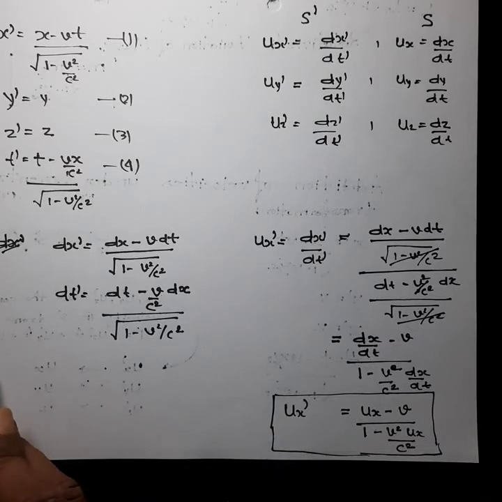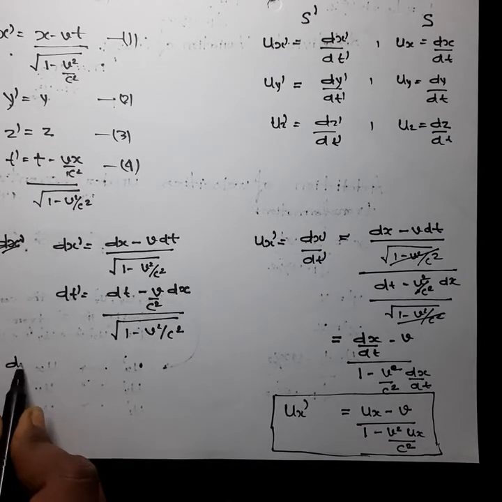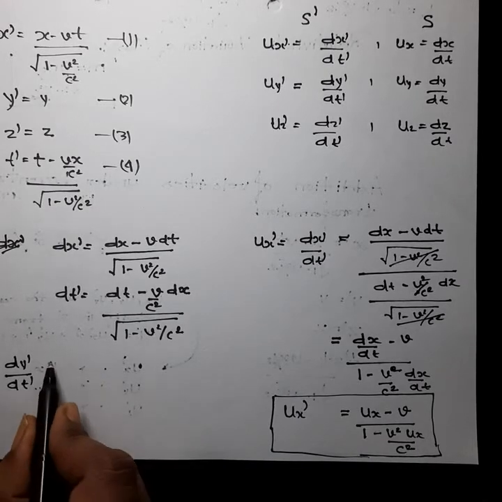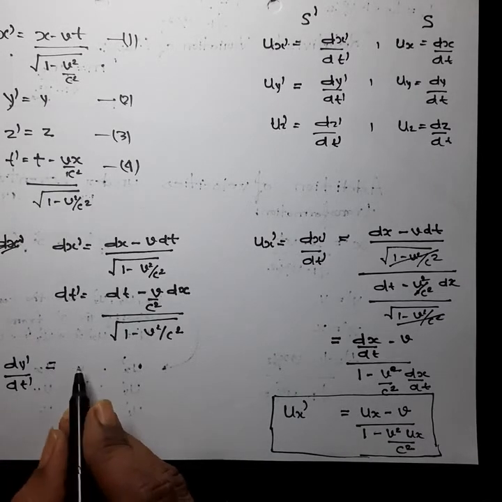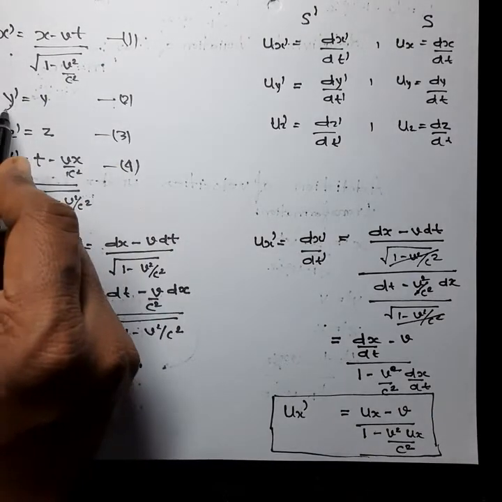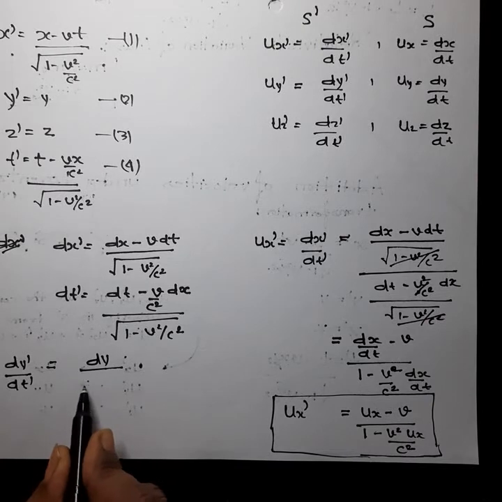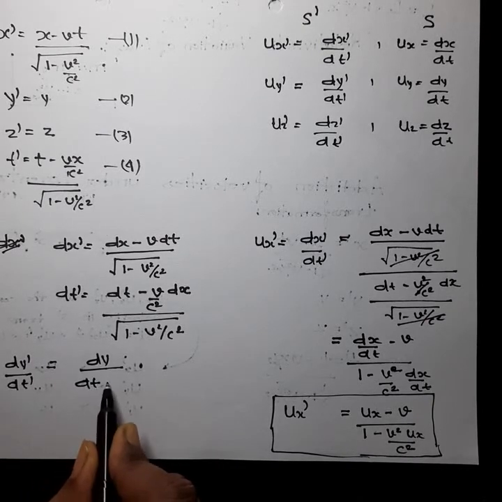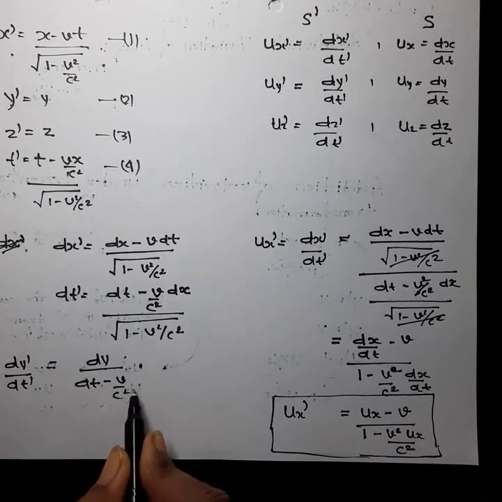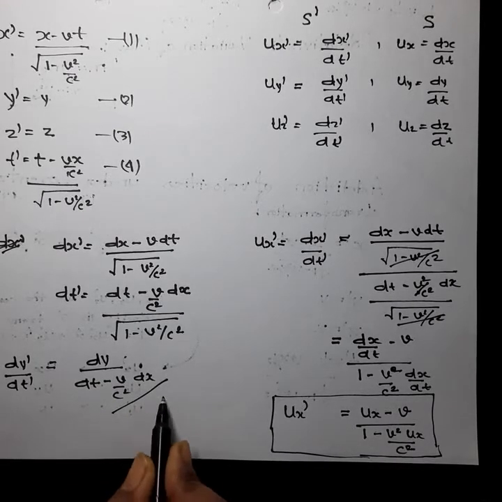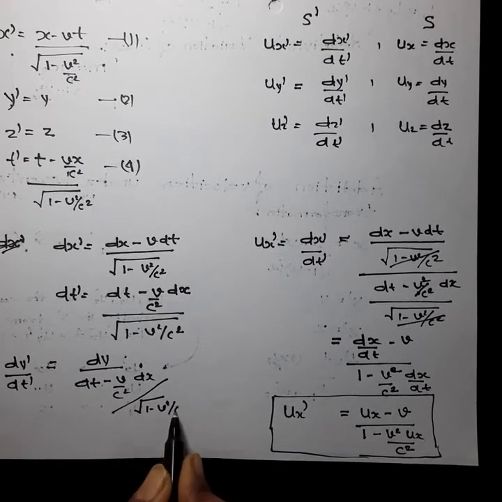Similarly we can write the uy dash component. uy dash is defined as dy dash by dt dash. What is dy dash? You can find it from here: dy dash is equal to dy, no problem. What is dt dash? dt dash is dt minus v by c square dx divided by square root of 1 minus v square by c square.